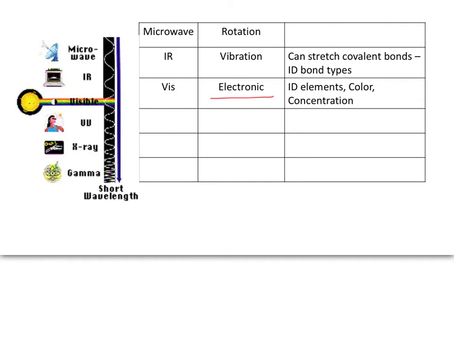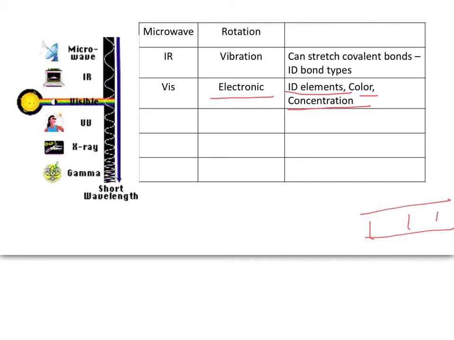And the emission spectrum that comes out of that we can use to identify an element, because each element has its own unique emission spectrum. We can use visible light to identify the color of an object, and we can also use visible light to help us figure out the concentration, and we're going to actually do a lab with that.